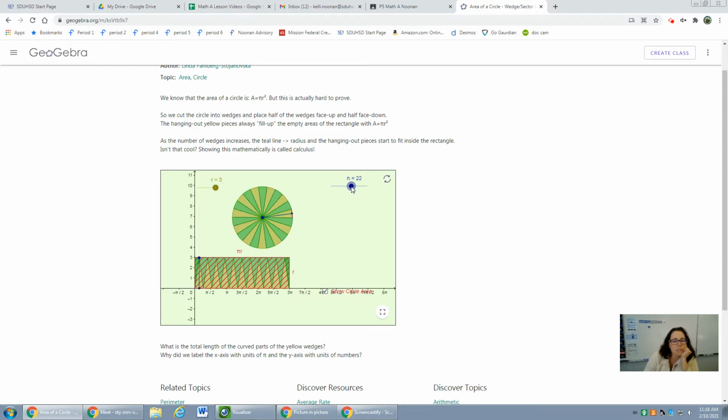That is 22 slices, and we can go all the way up to 36, which it allows us to go up to. And there's no white left at all. Then look at what happens if we go all the way down to 4. There's a lot of hanging over, emptiness. It gets way more accurate. Your parallelogram gets way more accurate.